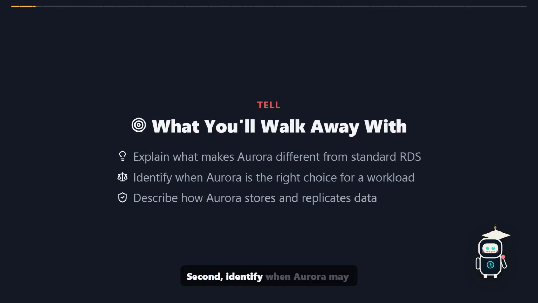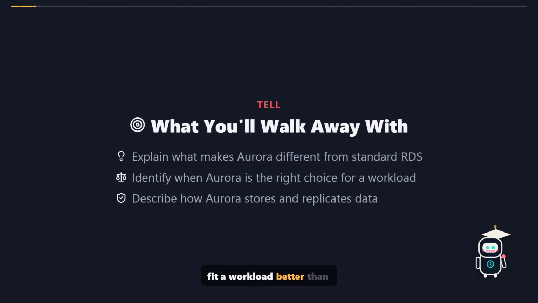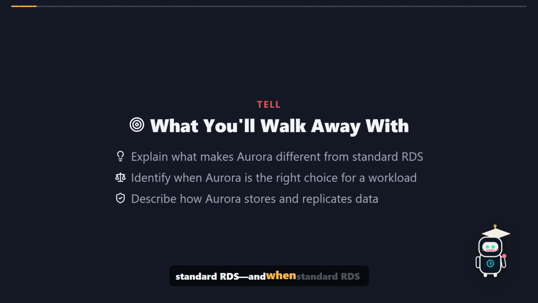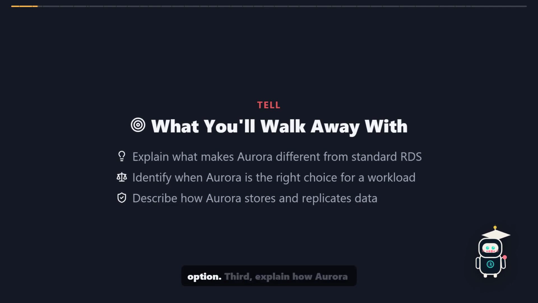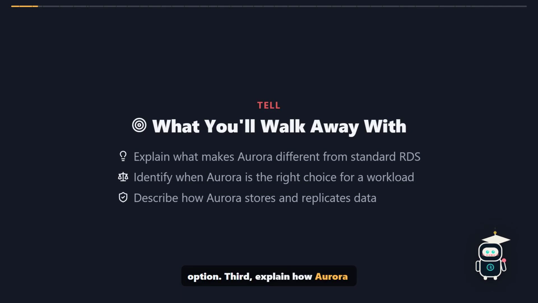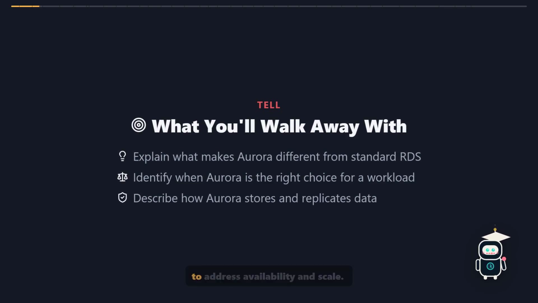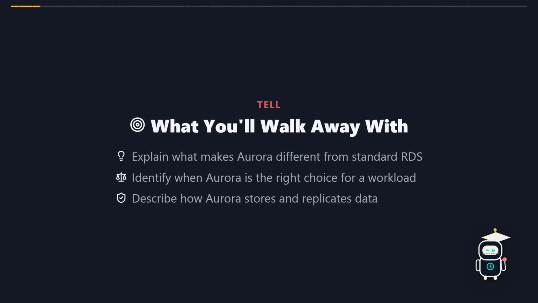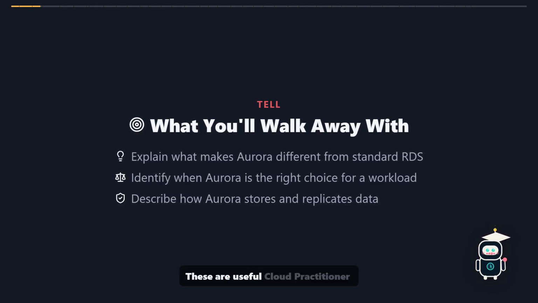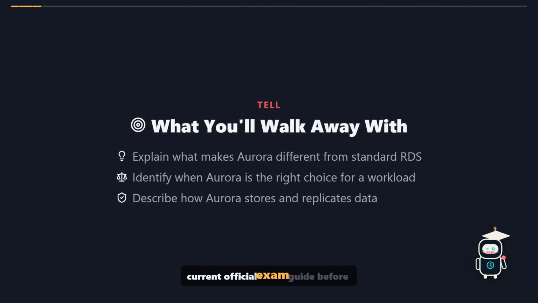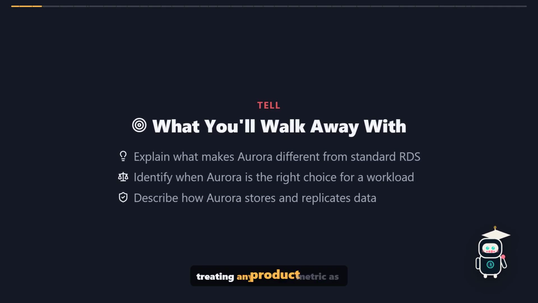Second, identify when Aurora may fit a workload better than standard RDS, and when standard RDS remains the simpler, more cost-effective option. Third, explain how Aurora uses reader instances, multi-AZ placement, global database, and Aurora Serverless to address availability and scale. These are useful cloud practitioner foundations, but always check the current official exam guide before treating any product metric as an exam requirement.